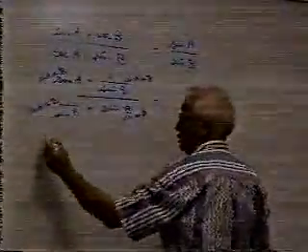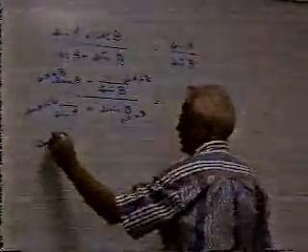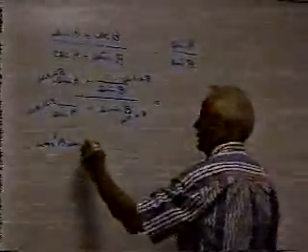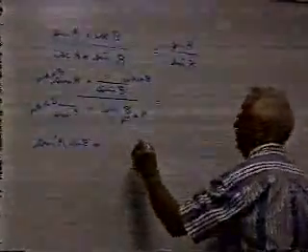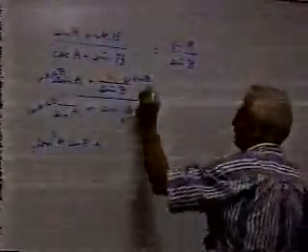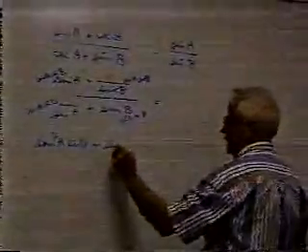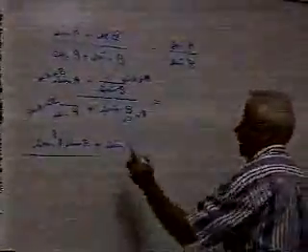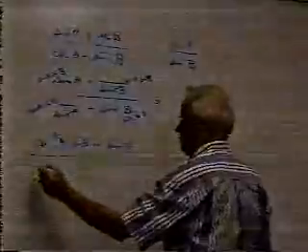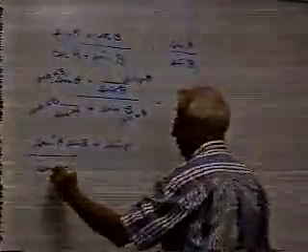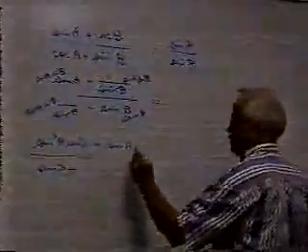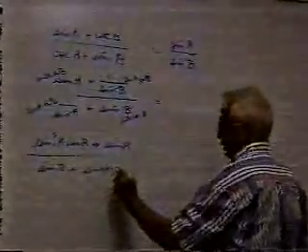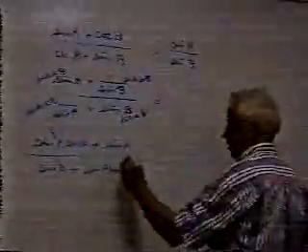This times this is sine squared of A, sine of B. Multiplying this, these drop out and just give me the sine of A. All right? On the bottom, this drops out, gives me sine of B. This multiplies together, gives me sine of A, sine of B squared.